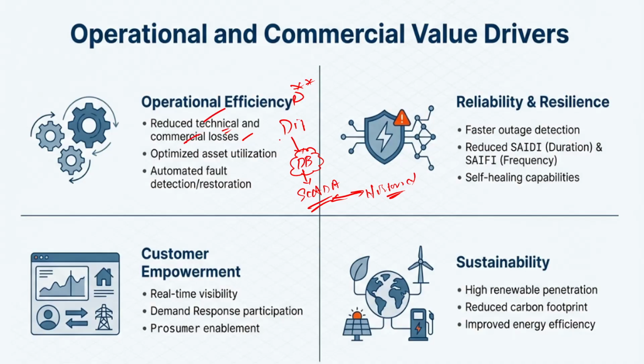When we do this, we are obviously increasing the operational efficiency, where we are trying to minimize the breakdowns, minimize the blackouts and so on, right? This not only helps us in reducing technical and commercial losses, it will also help in optimizing the asset utilization. Let's say, for example, we have a generation station which is underutilized.